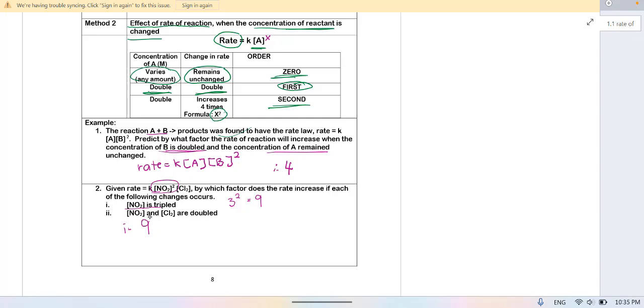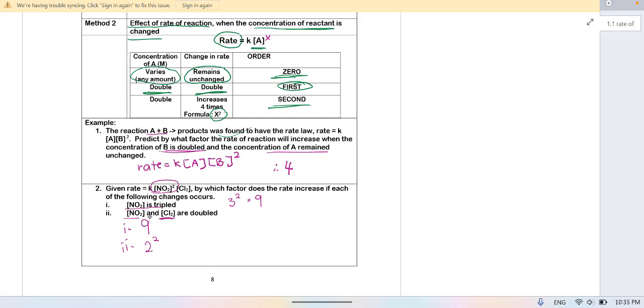Okay, so for the second one, NO2 and Cl2 both double. So dua-dua kita increasekan double. Dua-dua concentrationnya jadi 2 kali ganda. Okay, untuk second part, kita tengok one by one. So kalau NO2 ni dia adalah second order, so bila kita doublekan NO2 ni, rate akan increase 4 kali ganda sebab 2 kuasa 2.